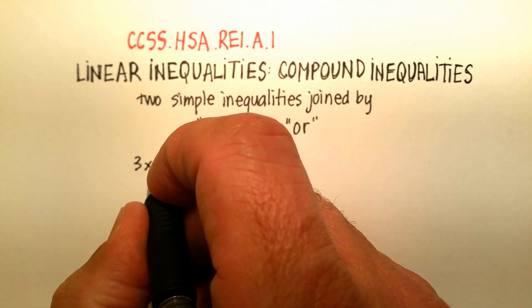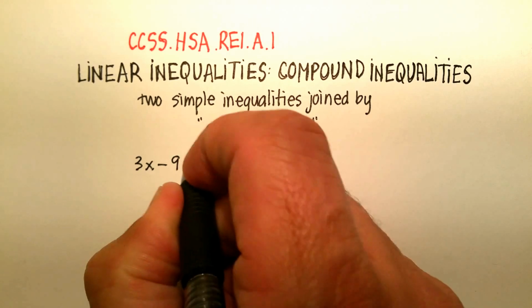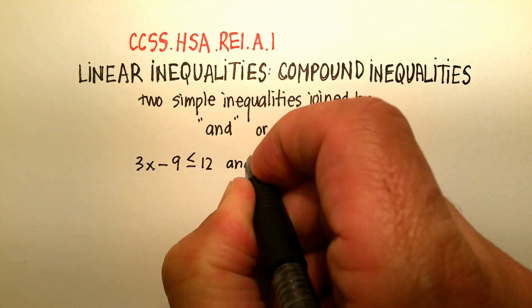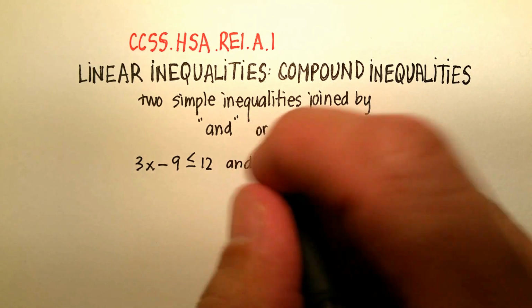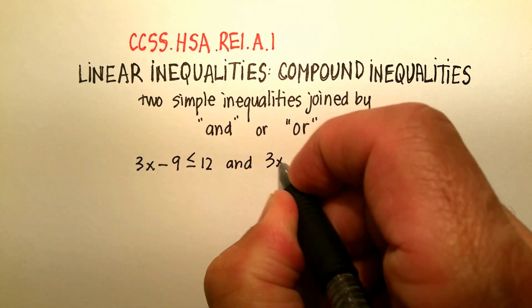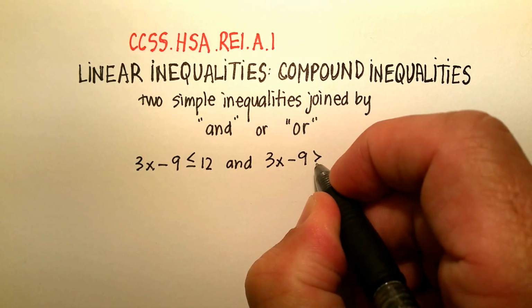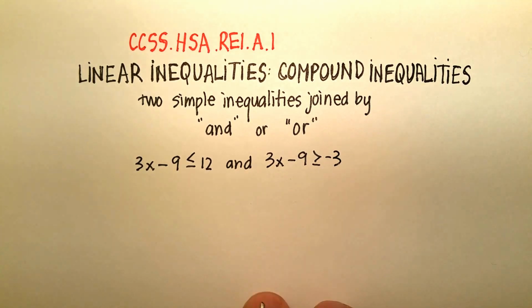3x minus 9 is less than or equal to 12, and 3x minus 9 might be greater than or equal to negative 3.